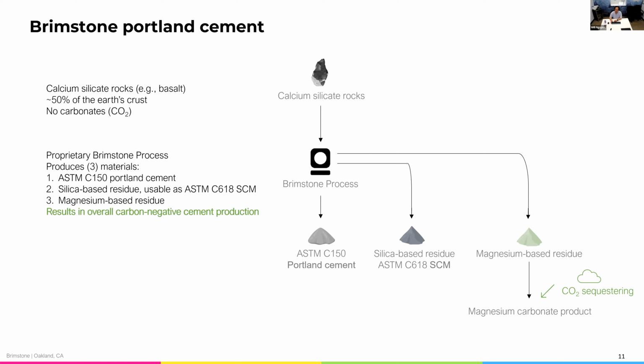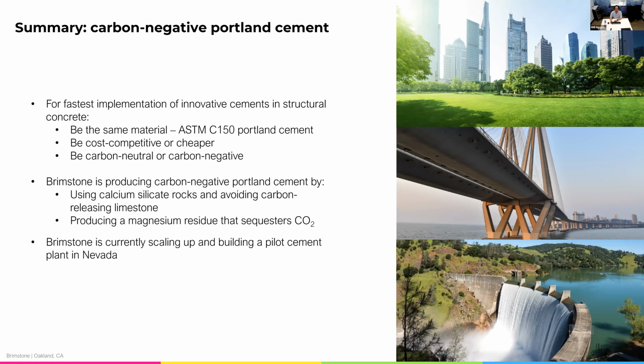Again, this magnesium-based residue doesn't go into the concrete itself, but the cement and SCM can either be blended or shipped separately as two different materials to a ready-mix plant. Add that with water and your sand and coarse aggregates, and then you can make concrete, kind of as you would expect.